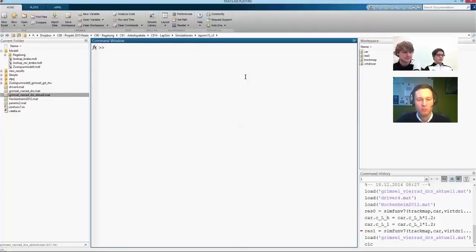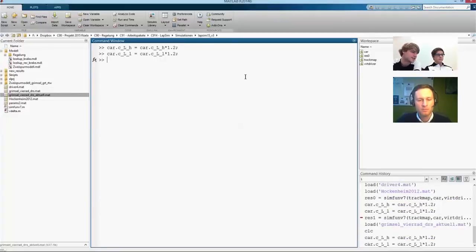Okay. So I changed the parameters now. It is CL high and CL low. We use two values because we have a DRS system, so we can change them with respect to activation of the DRS system. Okay. Exactly. Now with these new values, we resimulate our lap.